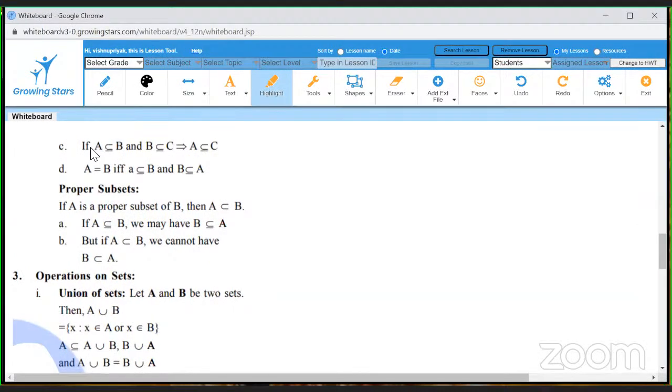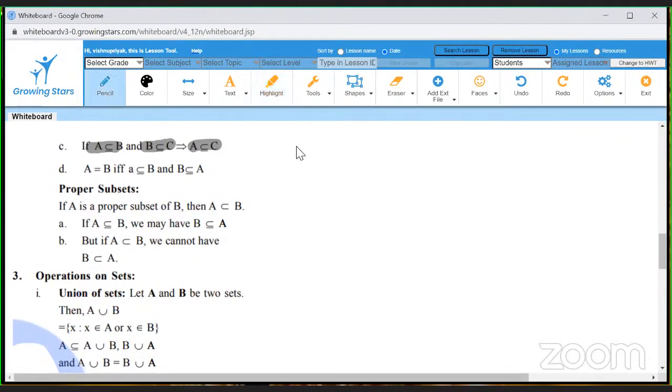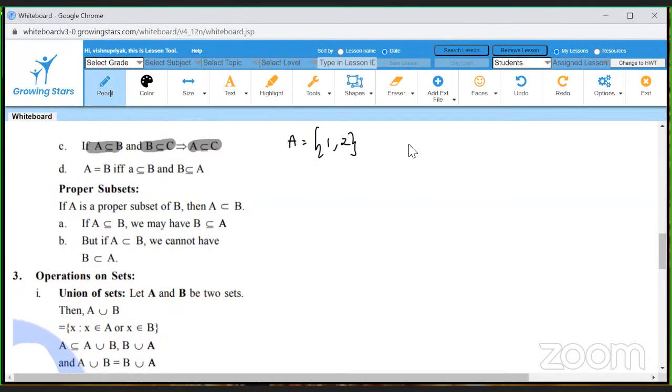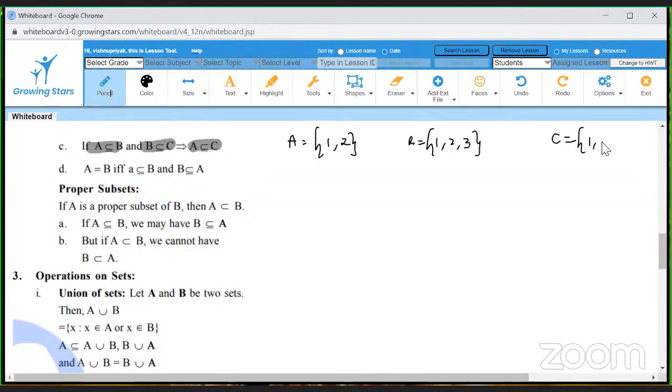If A is a subset of B, and B is a subset of C, that means A will be a subset of C. For example, A is {1, 2}, B is {1, 2, 3}, and C is {1, 2, 3, 4}.